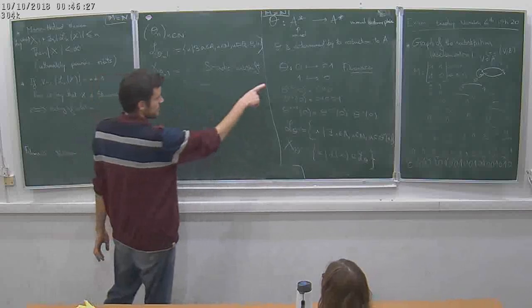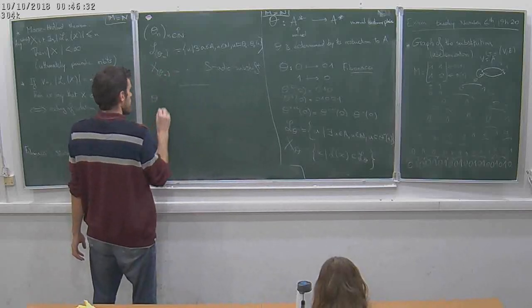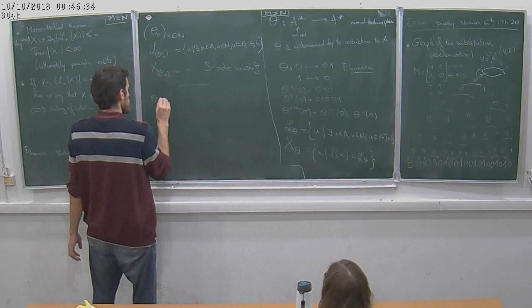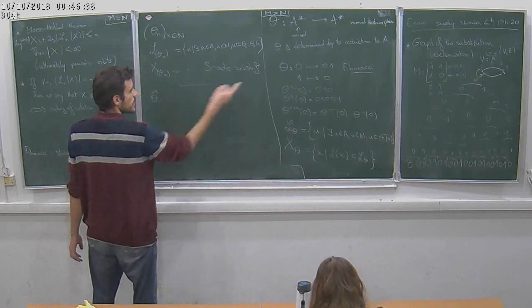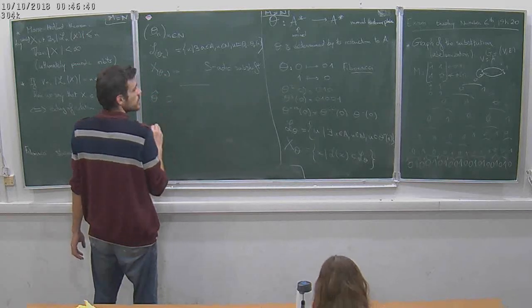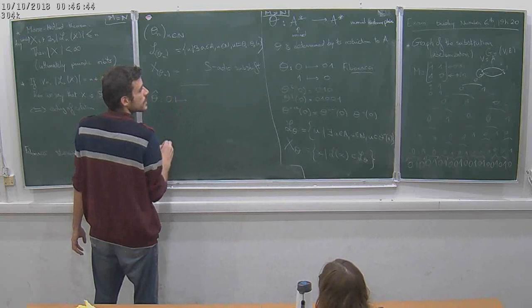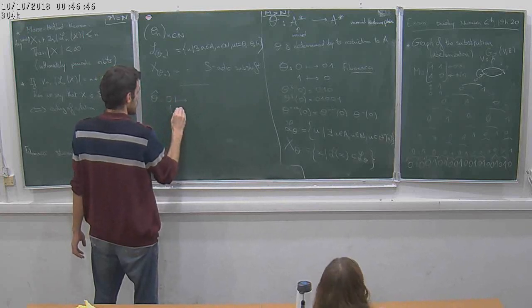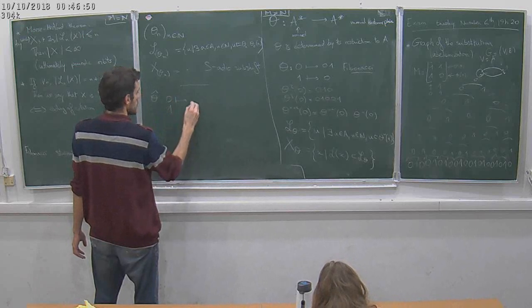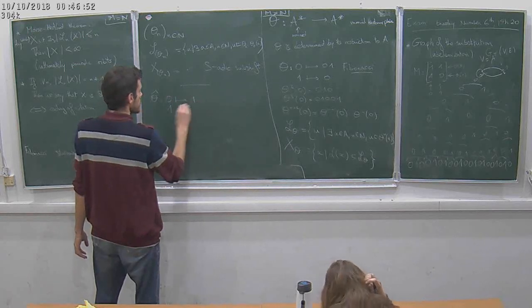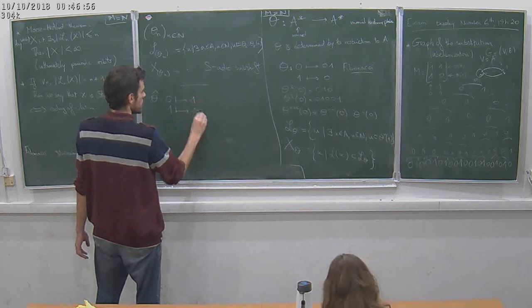And if I have, let's say, theta hat of, this, 0 gives 1, and 1 gives 1, 0.